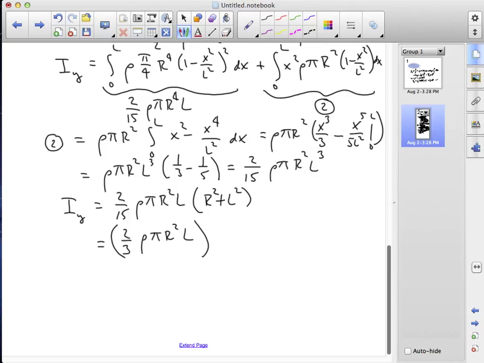And we have to multiply that by 1/5 to get our 2/15. And that gives us our final result, that Iy is 1/5 of the mass times the quantity r squared plus L squared.